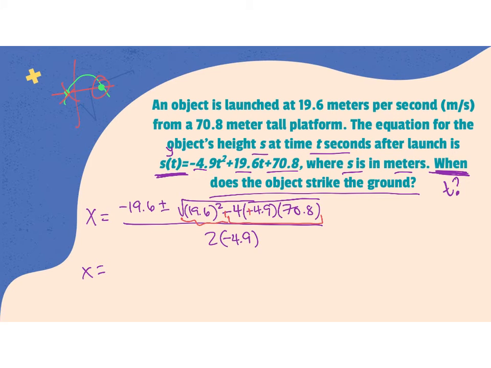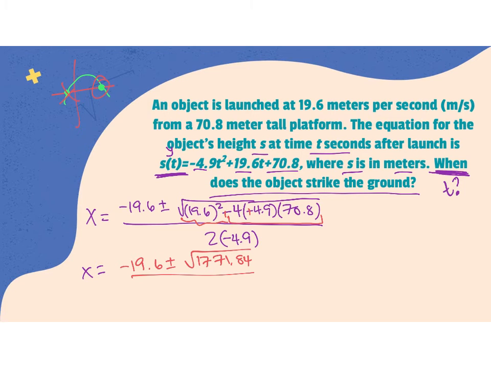So 4 times 4.9 times 70.8. And then I need to add that to the 19.6 squared. So I end up with, I haven't touched this outside, negative 19.6, plus or minus underneath I have 1,771.84. In the denominator, you can go ahead and multiply those two together.